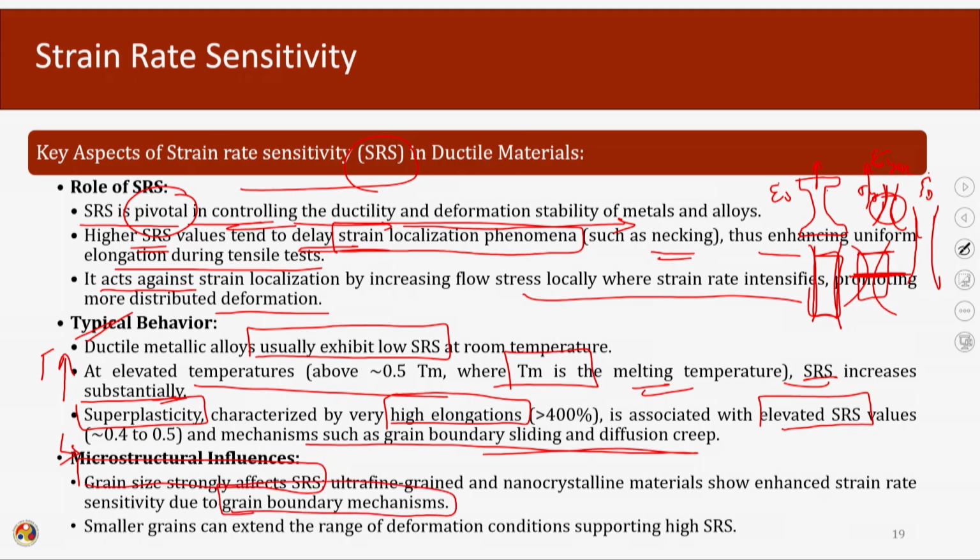If the grains are very fine, such as in nanocrystalline materials or ultra fine grain metallic materials, the strain rate sensitivity is more. Smaller grains extend the range of deformation conditions supporting high SRS. Since the grain size is smaller, the interaction is more, and hence the strain rate sensitivity is increased.